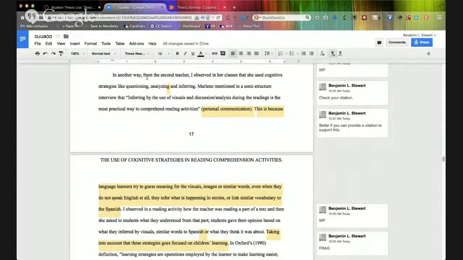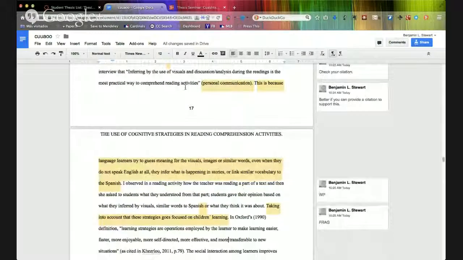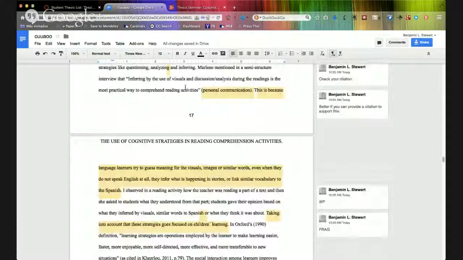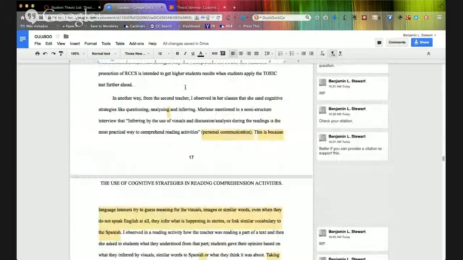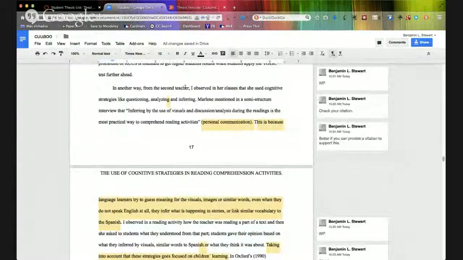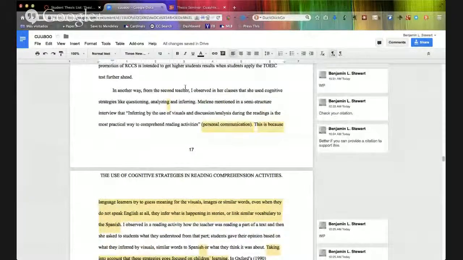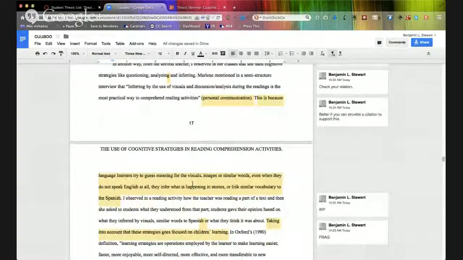Well, I don't know. In your topic sentence, you mentioned questioning, analyzing, and inferring. Do you have evidence of questioning, analyzing, and inferring? Just including a discussion. Questioning is not. Which one? Discussion's not mentioned, or questioning is not. Questioning is not. What about analyzing? I didn't include.